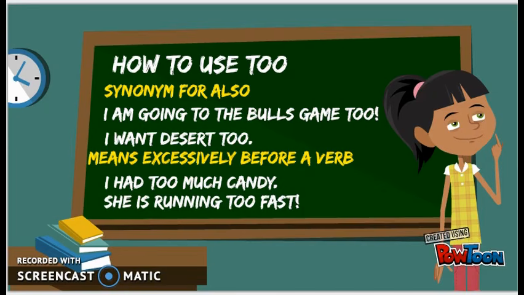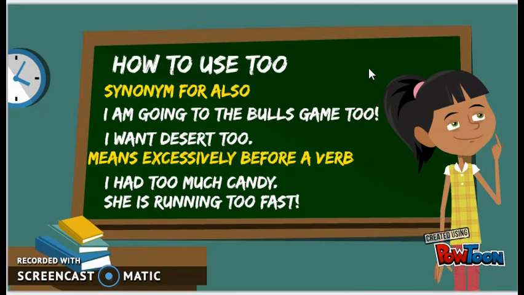The first example: I am going to the Bulls game too. So to is in there twice. I am going to, an action, and then the Bulls game too. At the end, this too can be replaced with also, and it'll still make sense. I am going to the Bulls game also.